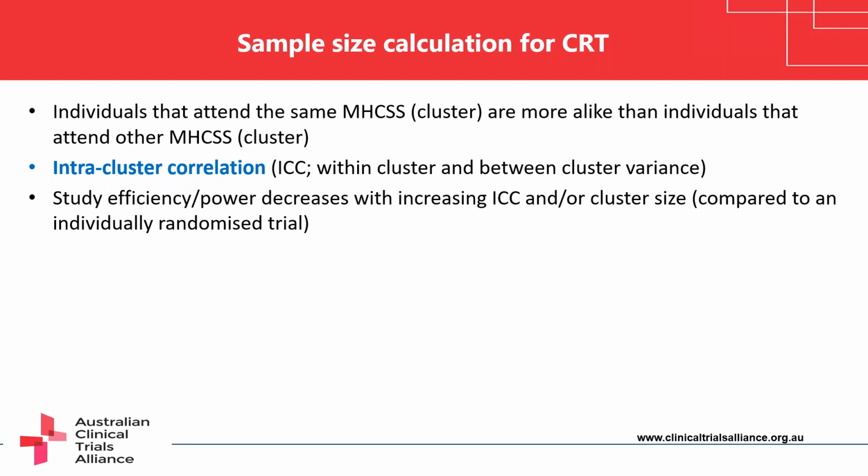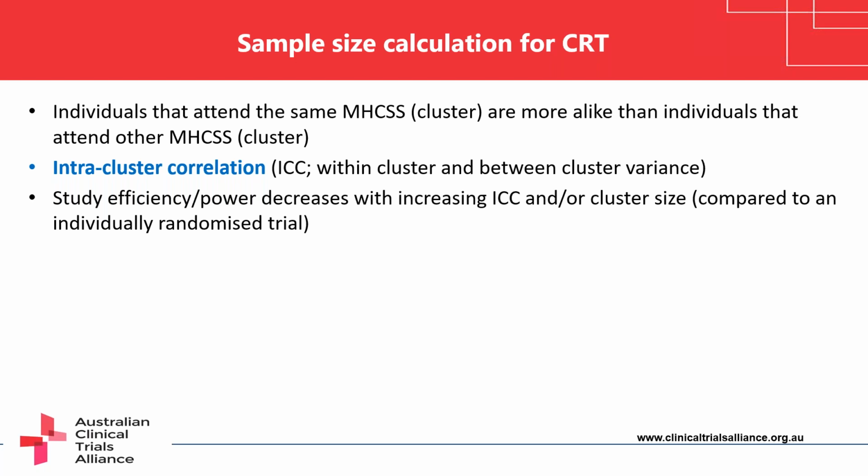This is often quantified by the intra-cluster correlation, or if we're looking at GPs, the intra-practice correlation. The effect of that is a loss of information. So it's important to allow for this in the sample size and in the analysis.